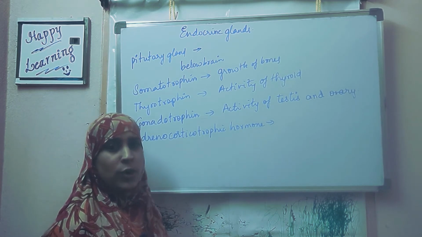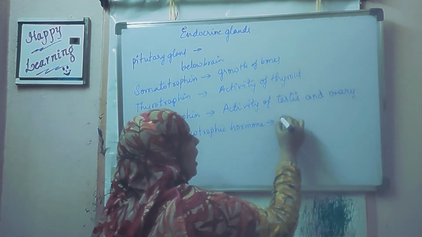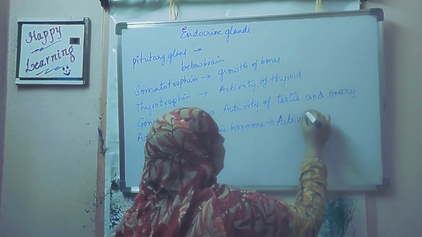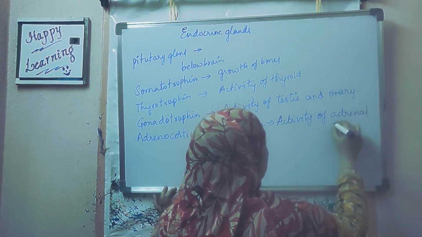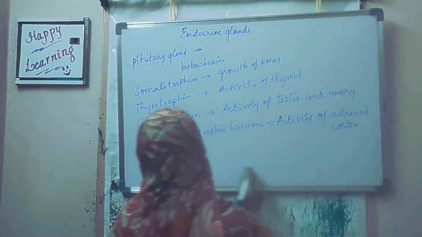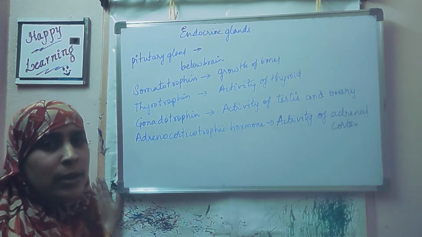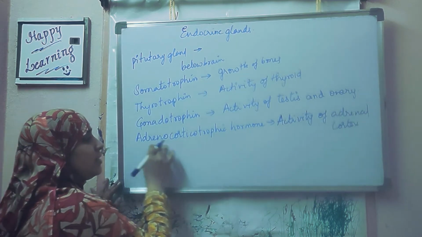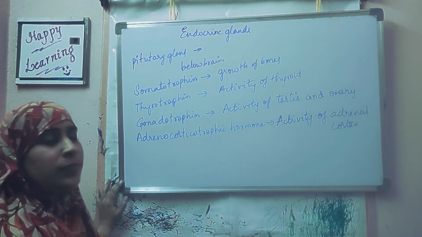Outer region is cortex, inner region is medulla. Here also, activity of adrenal cortex is under control of adrenocorticotropic hormone. Okay. When pituitary gland releases this hormone only, adrenal cortex will function.